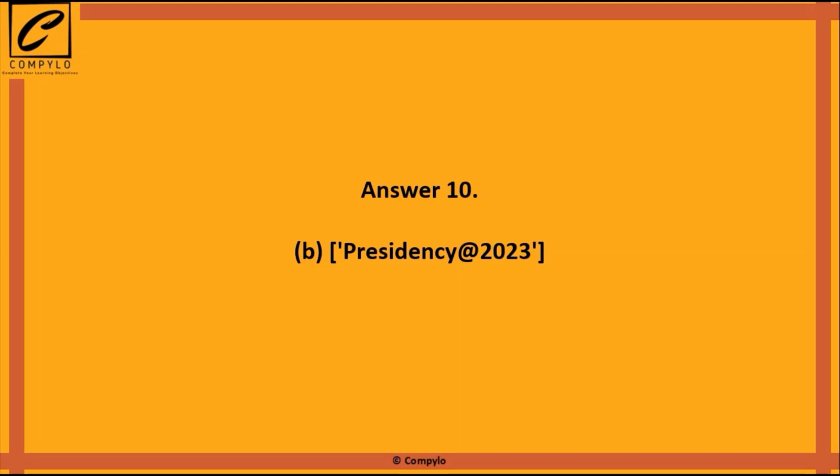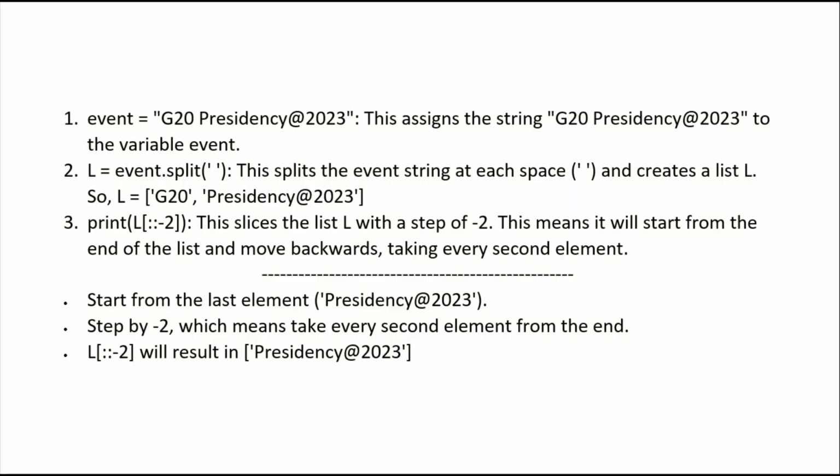Question number 10 is, select the correct output of the following code. The correct option would be B, ['presidency@2023']. Let's break down the code to understand what it does. At first, event = "G20 presidency@2023" assigns the string G20 presidency@2023 to the variable event.